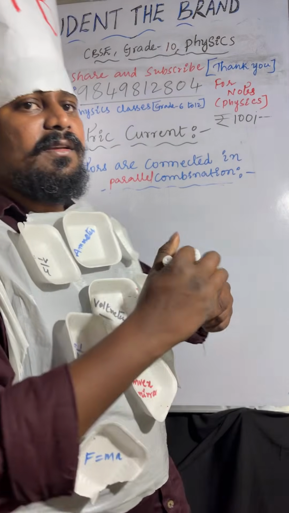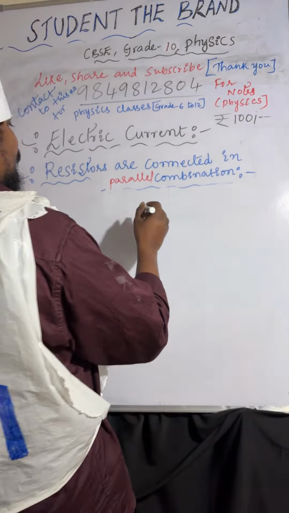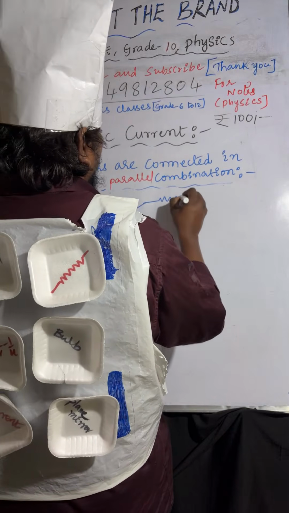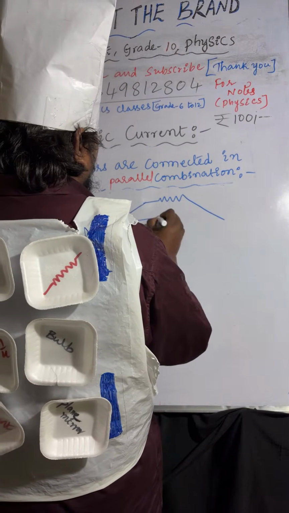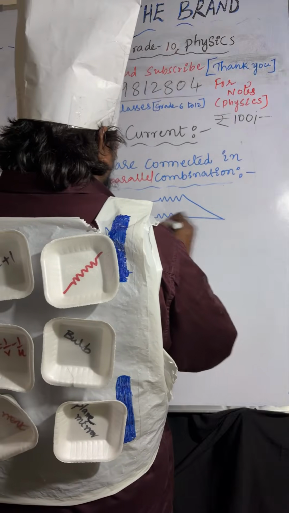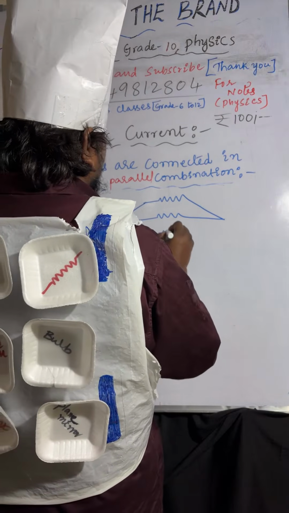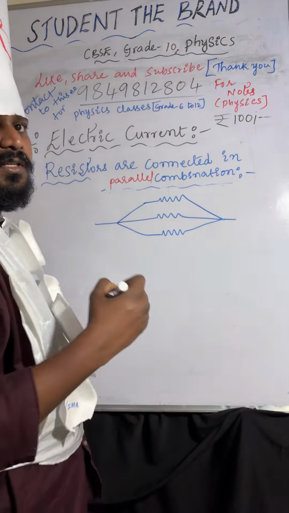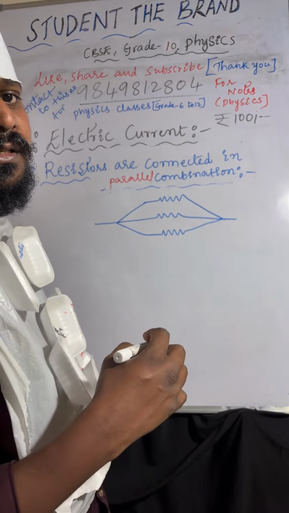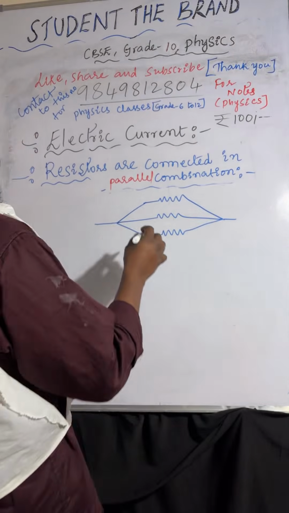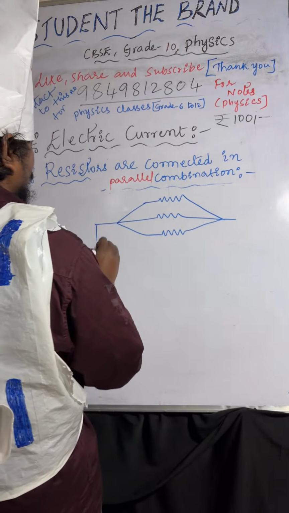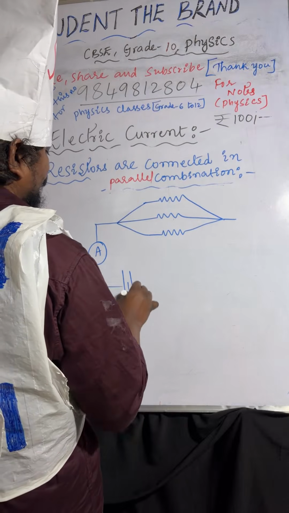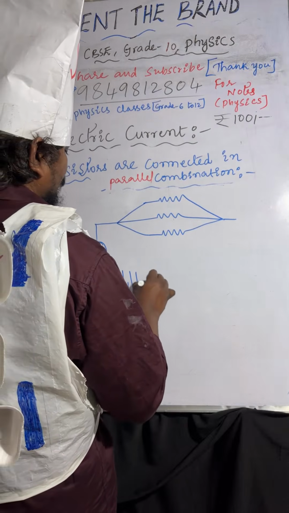Okay, right. Now you can see here, I am taking resistors connected in parallel combination. One, two, and next three. So three resistors are connected in parallel combination. So ammeter, battery.